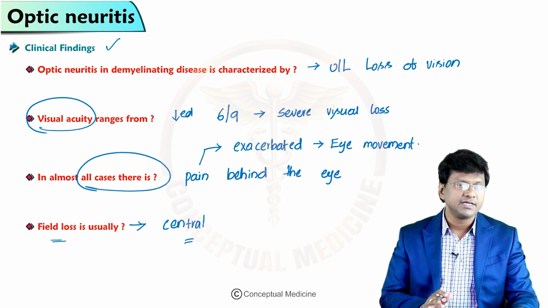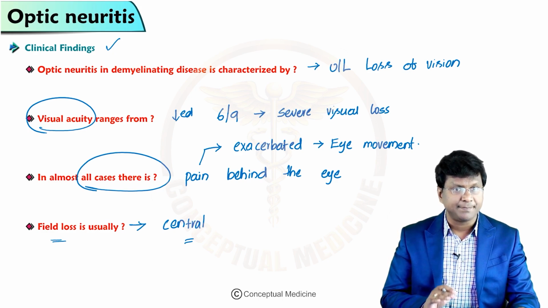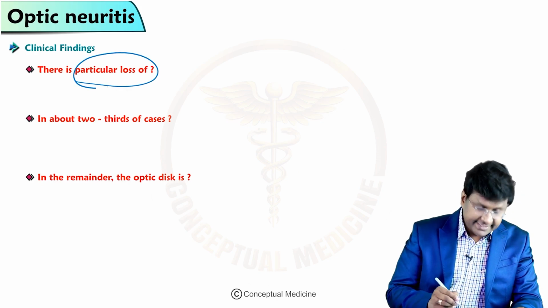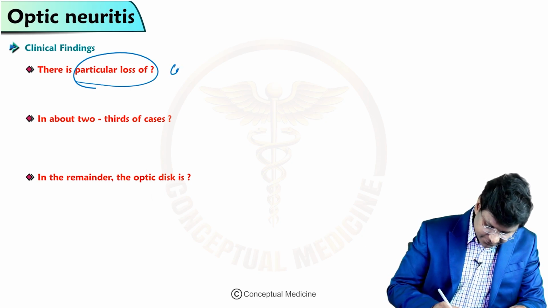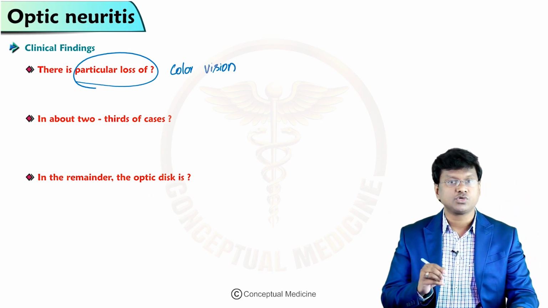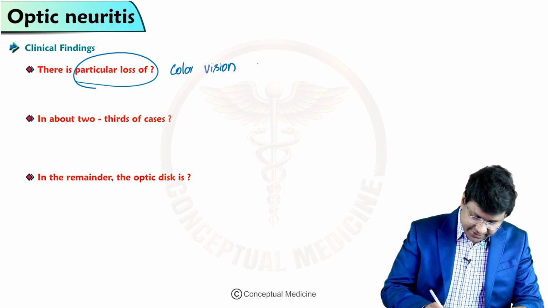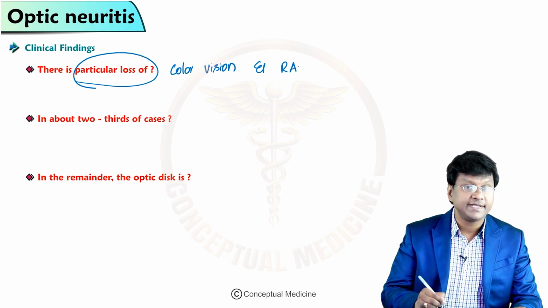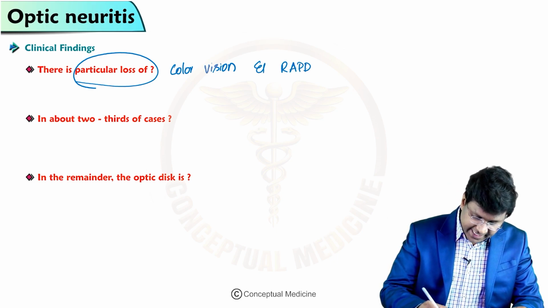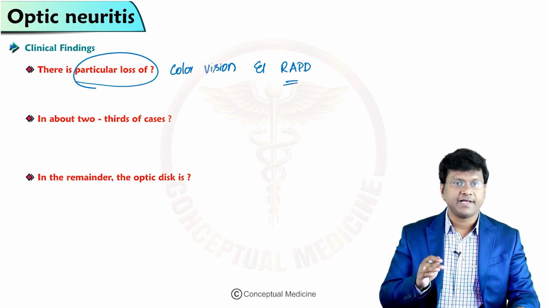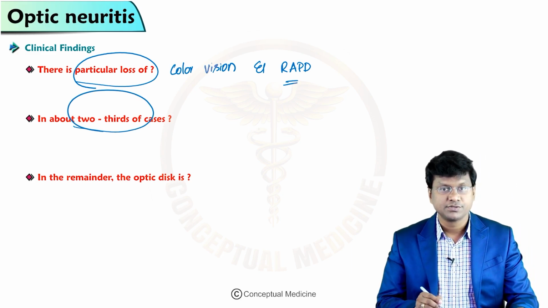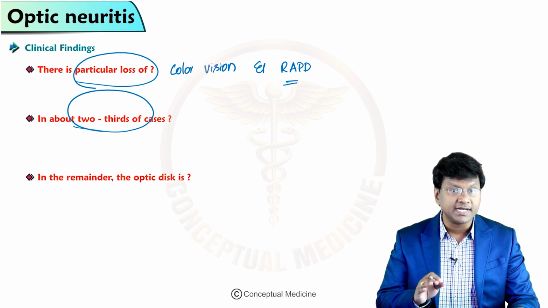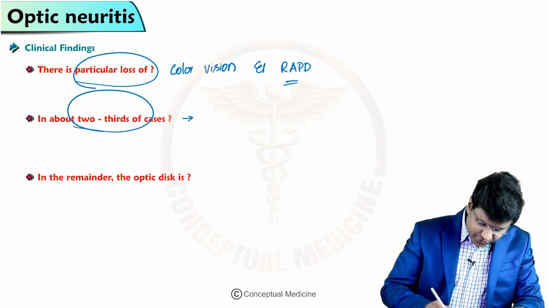These are some of the clinical findings that you will see in optic neuritis, and apart from that, there is loss of color vision, and there is also a relative afferent pupillary defect, RAPD. In about 2/3 of cases, the optic nerve is normal during the acute stage.